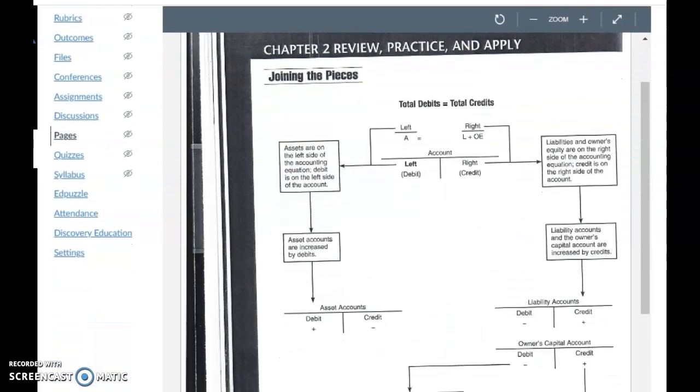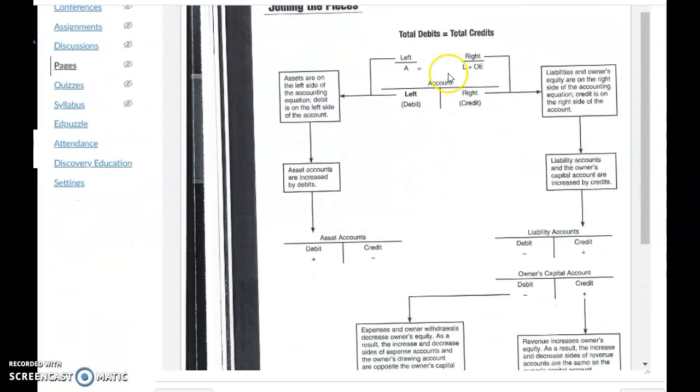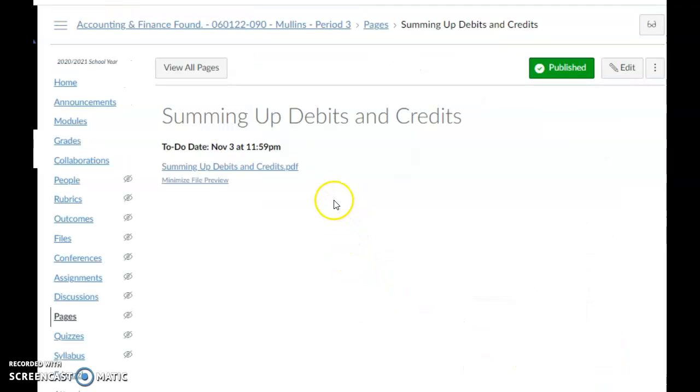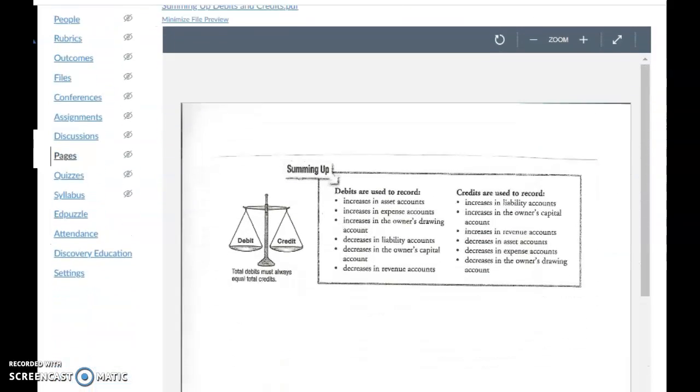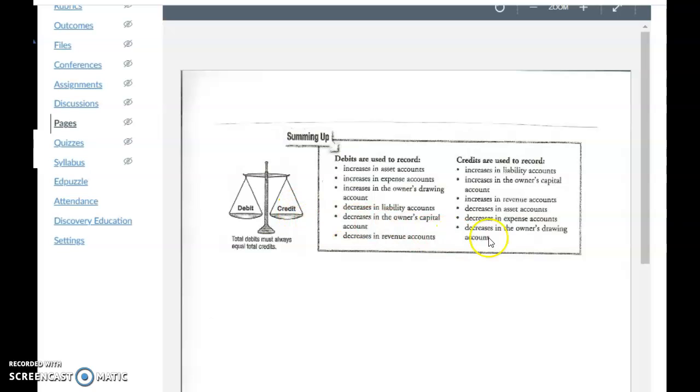And you can see we've looked at this before, and it goes over that total debits have to equal total credits. And this kind of goes over just what we reviewed a minute ago. But this is in your module. Another piece of reference that you have in your module, in addition to the textbook, is a summary of what debits are and what credits are.